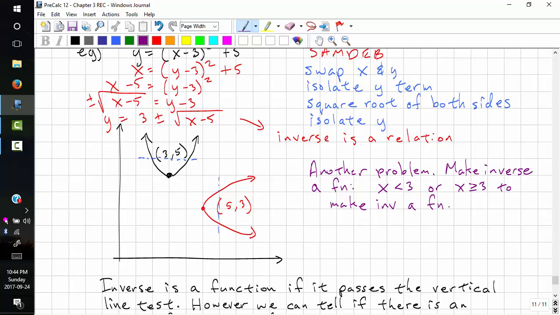And what happens here is we get the restriction y is less than 3 or y is greater than or equal to 3 to make the inverse a function.